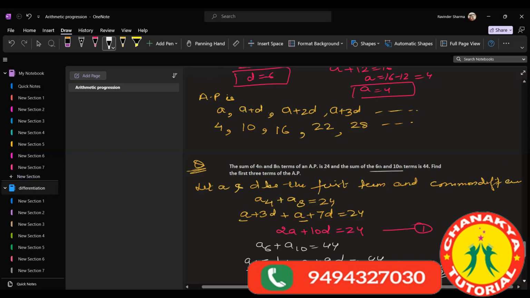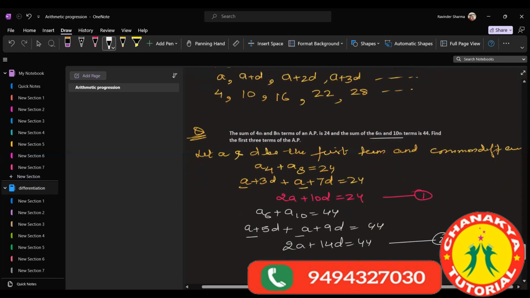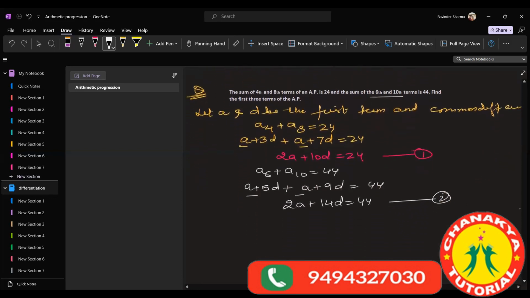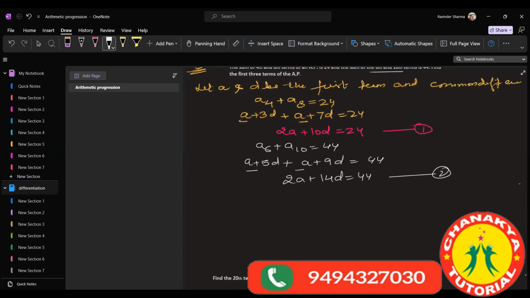Now you have got two linear equations in A and D. So you can apply the elimination method or substitution method as we used in linear equations in two variables, right, beta? So solve it and tell me the values of A and D. And you have to find the first three terms of the AP also.